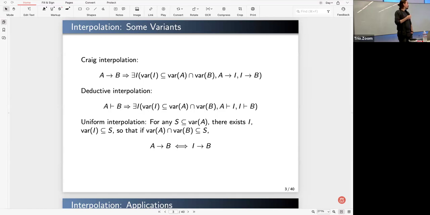This last formulation, you mean for any A? Yeah, for any A. This is a left-hand version of uniform interpolation. You might have a right-hand version as well. You could have many versions of this. There are many other kinds of different interpolations, Lyndon interpolation and so forth, and I won't go into these.